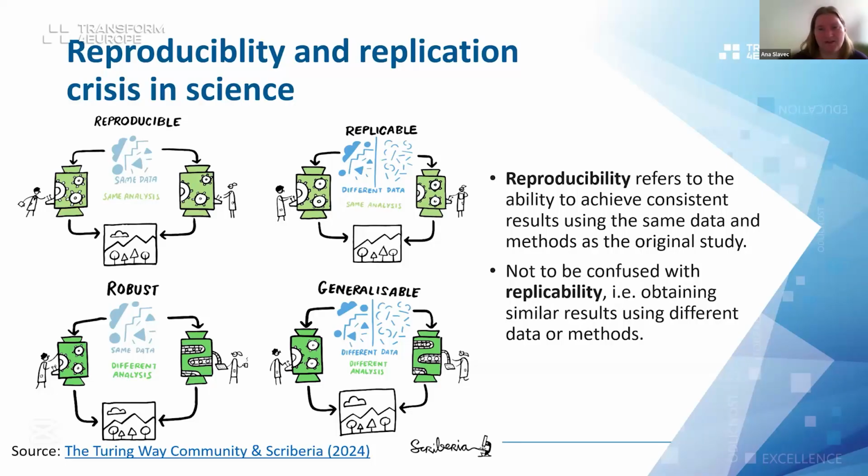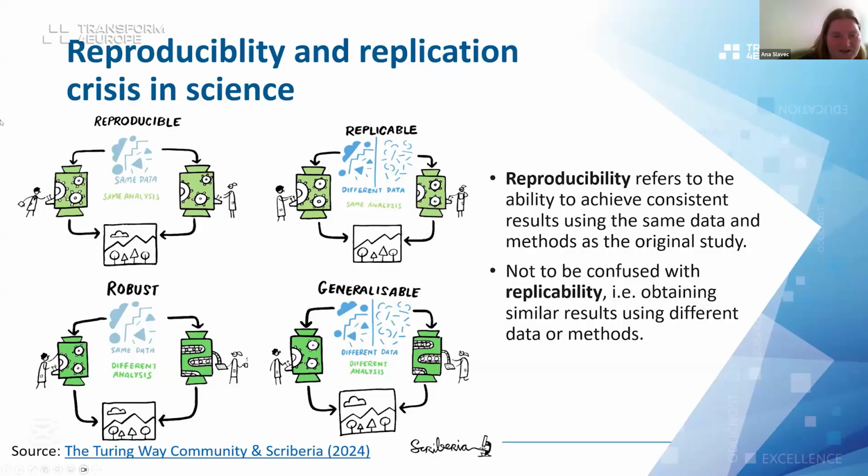Reproducibility refers to the ability to achieve consistent results using the same data and methods as the original study, and it should not be confused with replicability, which is obtaining similar results using different data. So for reproducibility, we have same data, same analysis. For replicability, we have different data, same analysis. But both are important.